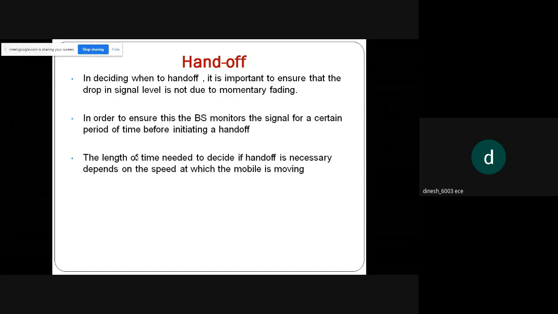The length of time needed to decide if handoff is necessary depends on the speed at which the mobile is moving. If the mobile is moving at a slower speed, the handoff strategy will work better. And if the mobile is moving very fast, the call may get terminated.